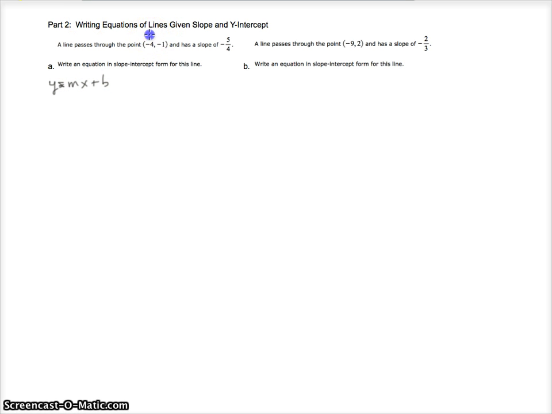I have my x, y, and my m. So I'm going to plug these in. So I have -1 equals my slope, -5/4, times -4, plus b.